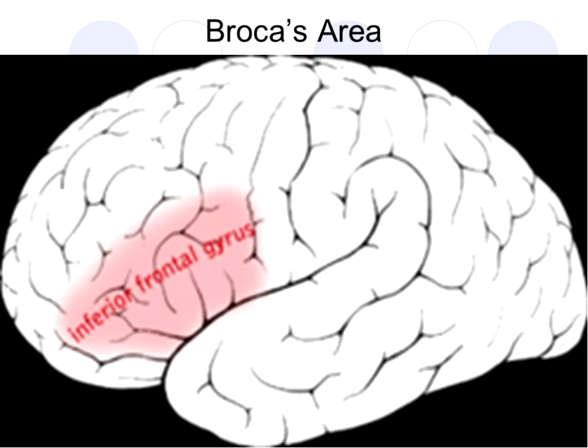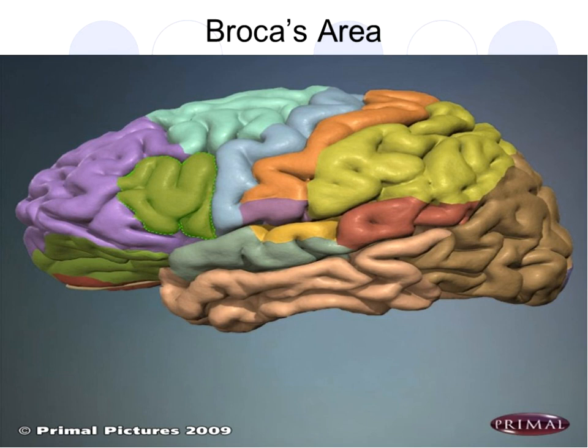So here's the inferior frontal gyrus where you see it colored. And then here's Broca's area. So Broca's area consists of pars triangularis, okay, all of this.